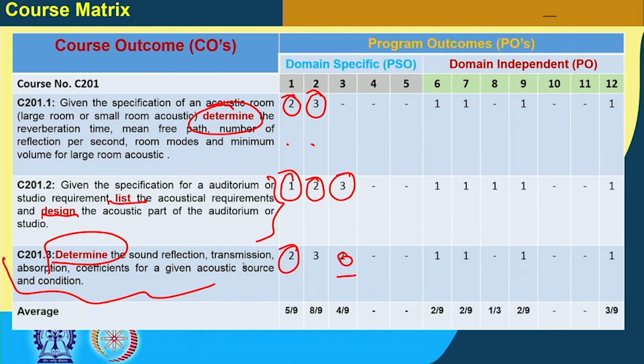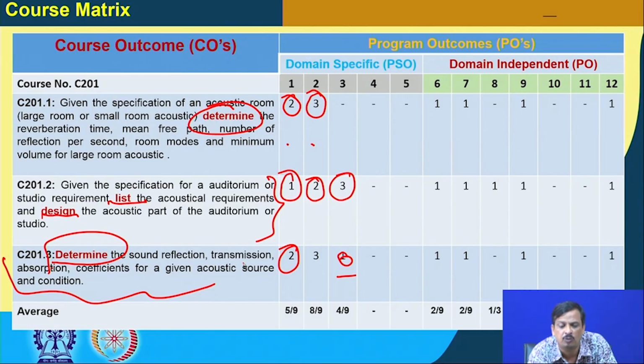So, suppose I write down my CO this way and I develop this matrix. Now, interestingly, if you see, I have put some weight in here also. In most cases it is not done. Once I put some weight here, I am saying that in the CO-PO mapping, not only the CO but how the CO will be developed is also important.